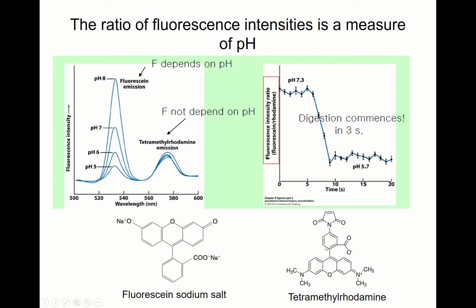The difference is that for the fluorescein molecule, the fluorescence intensity depends quite a lot on pH. But for this species, the fluorescence intensity does not change with pH. Look at this figure, which shows the fluorescence spectra at different pHs.